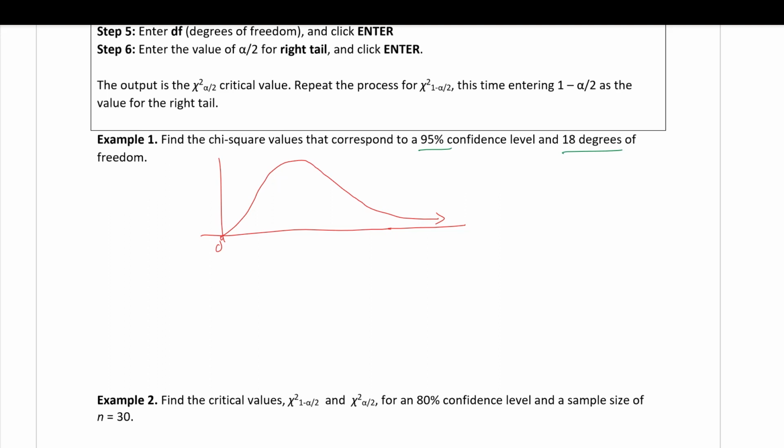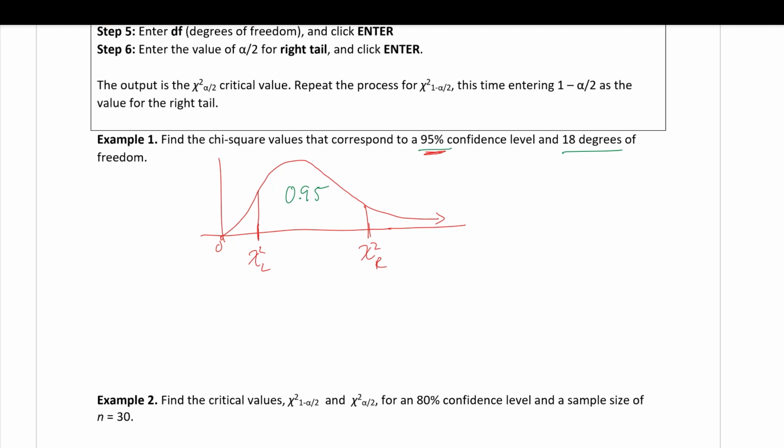We want to make up the middle 95%. So there is a cutoff right here. We're going to call that chi-squared left. And there's one on the right side, chi-squared right. And let's go ahead and partition that. The middle portion is going to be 95%. And because this is the confidence level, this is the middle portion, what's left over?